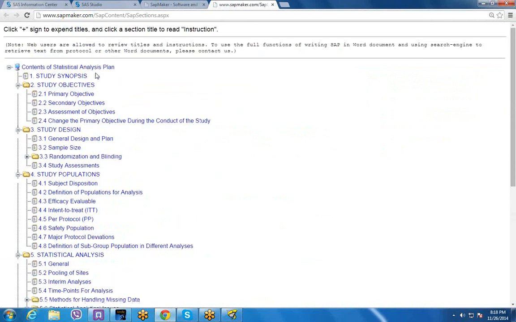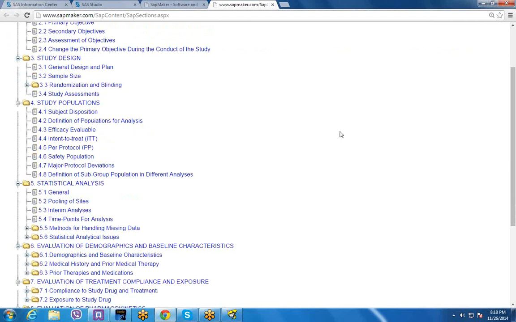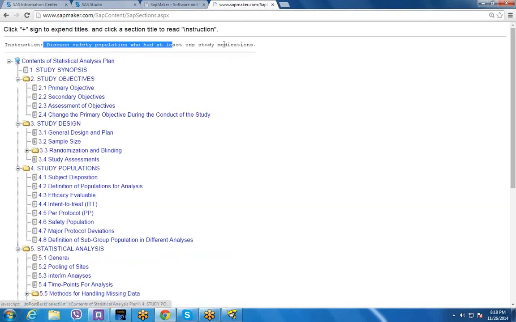Study synopsis. The statistical analysis plan should contain the primary objective, secondary objective. For example, you want to know what the safety population is. Just click on it. Then it will give you the information about the safety population: those who had at least one study medication. What do you mean by safety population? There are 2 groups of patients enrolled in the clinical trial. To one group you are giving one medicine, to the other group some other medicine.